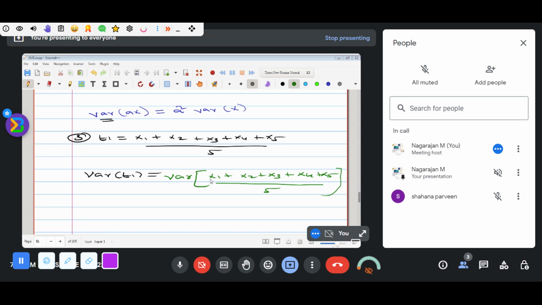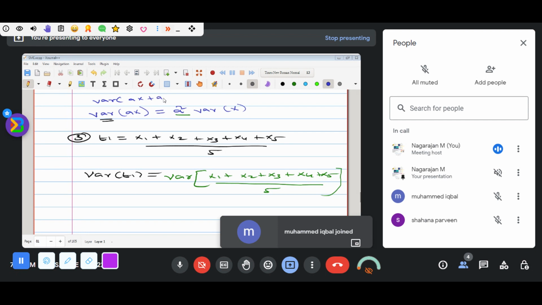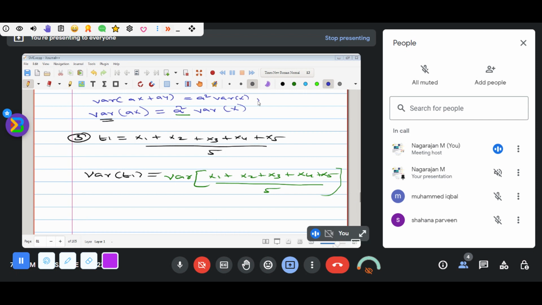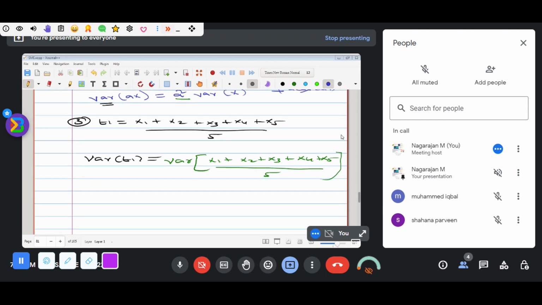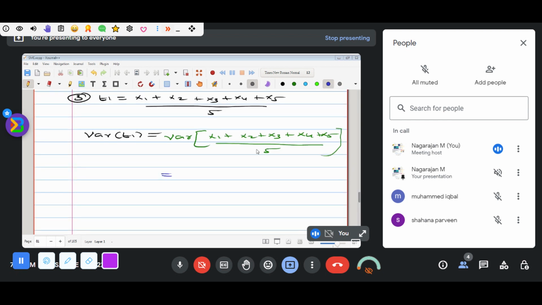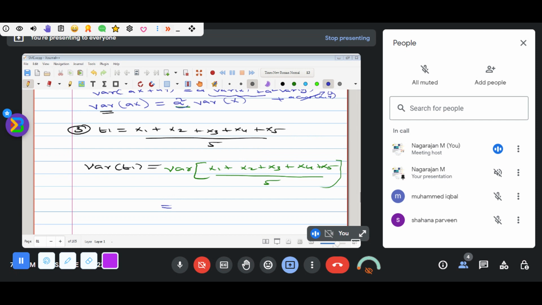Now apply this formula. This is the single dimensional case. In the multi-dimensional case, variance of aX plus aY equals a squared variance of X plus a squared variance of Y plus a into covariance of X comma Y. Since X and Y are independent, the covariance is 0, so we apply only these formulas.